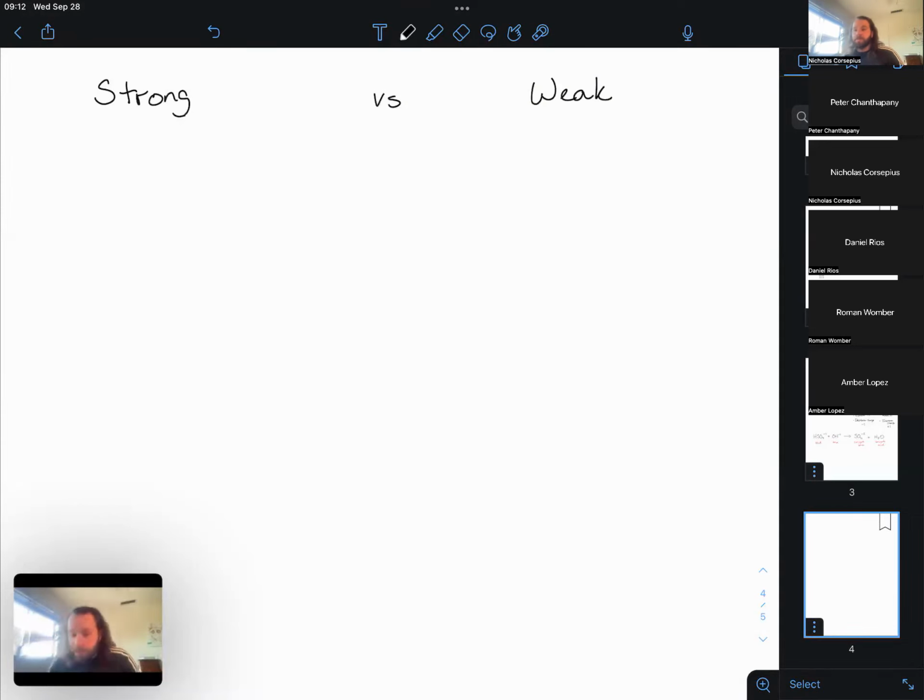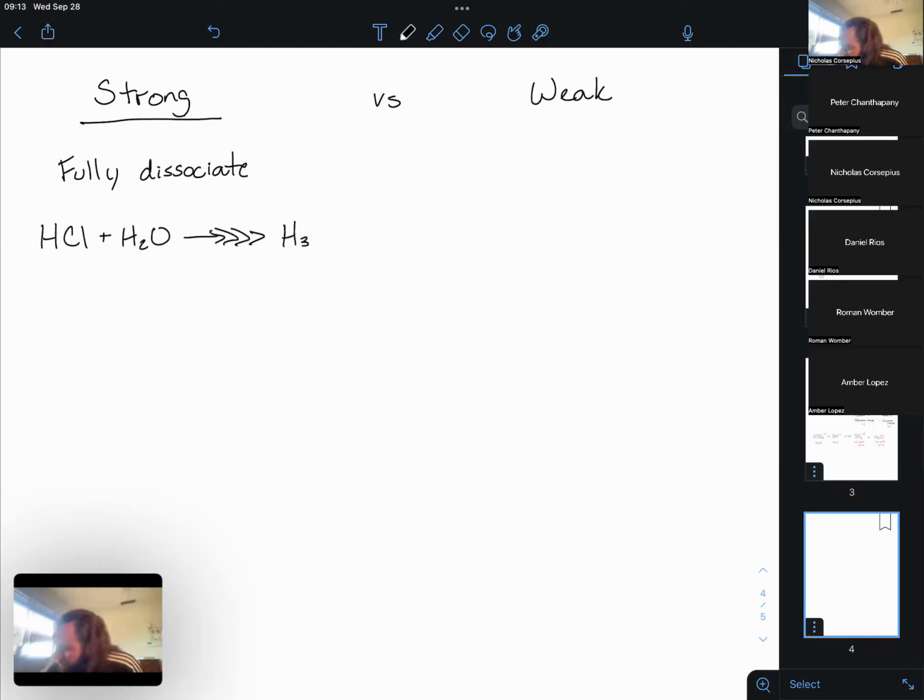If you're going to explain to someone the difference between a strong acid and a weak acid, strong acids will fully dissociate. And what I mean by dissociate is break apart. If I take, for example, HCl, put it into water, 100% of those HCl molecules are going to successfully donate that proton. So this reaction goes 100% to completion.